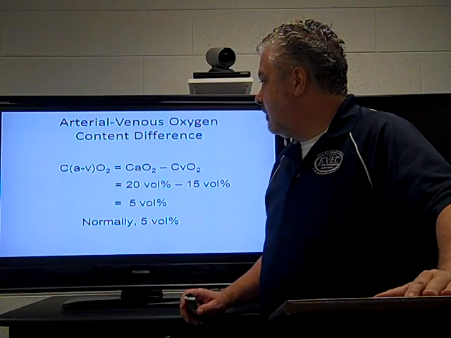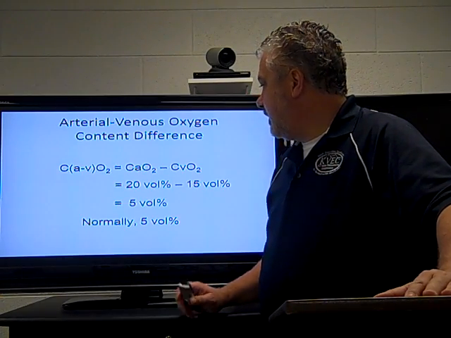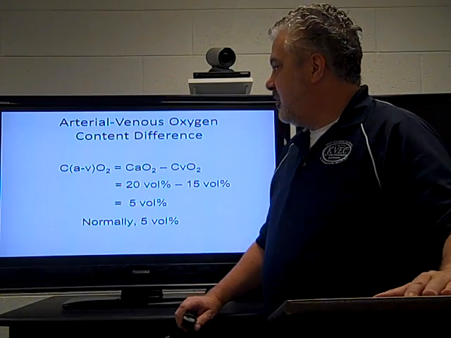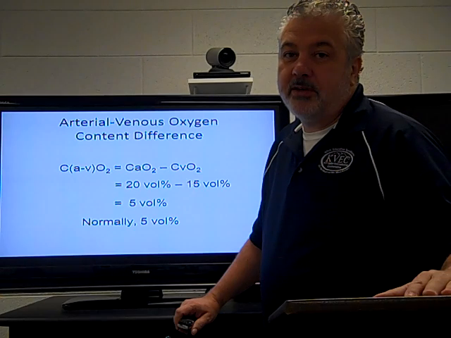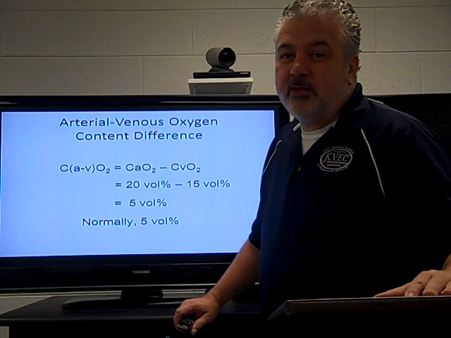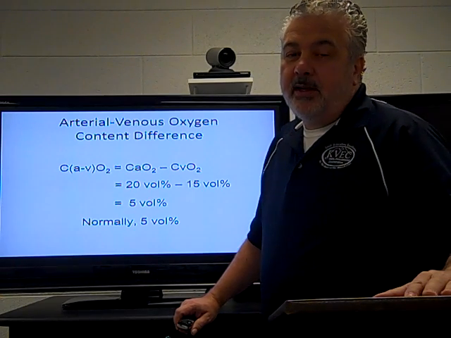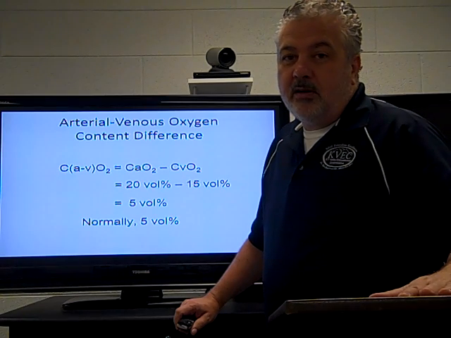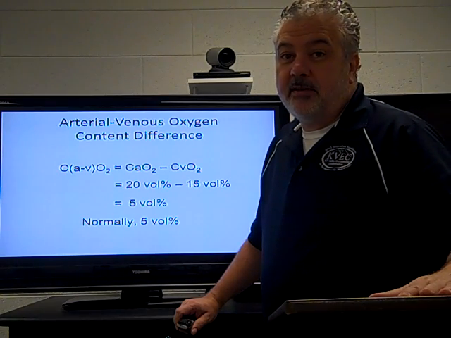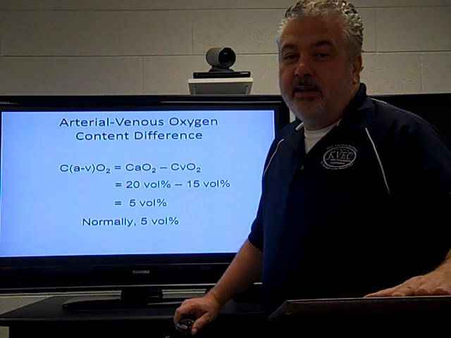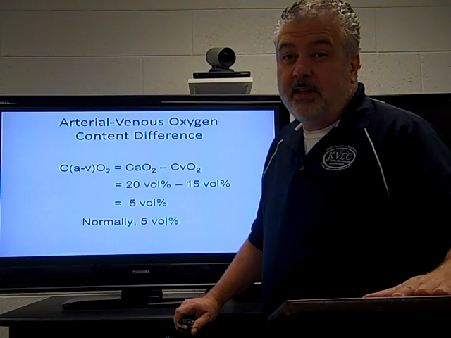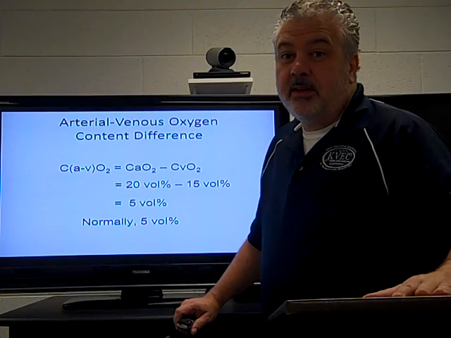All right, we take a look at one. If we remember the normal values, the normal arterial oxygen content is 18 to 20 volume percent, and the normal venous oxygen content is about 14 to 15 volume percent.